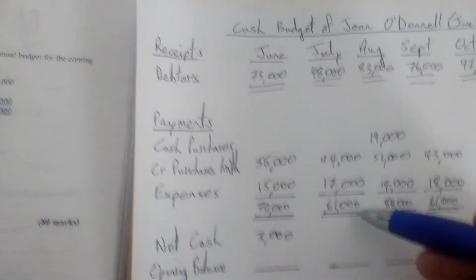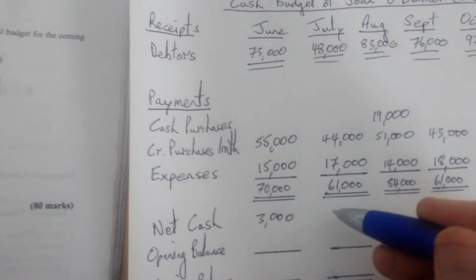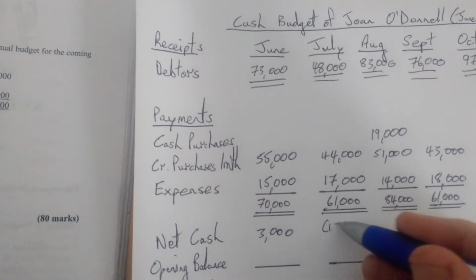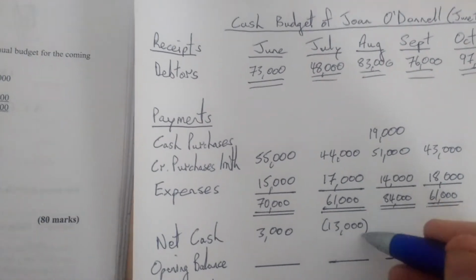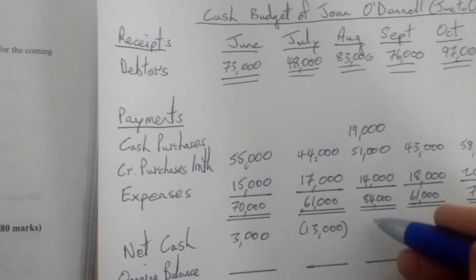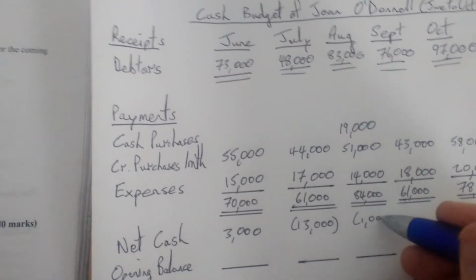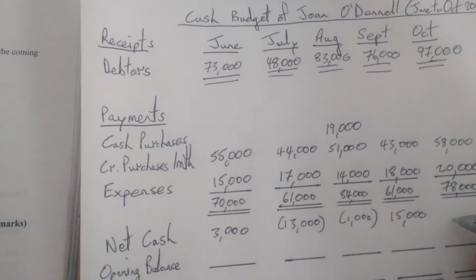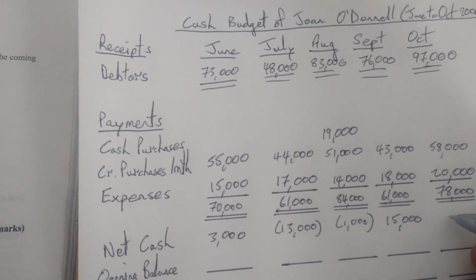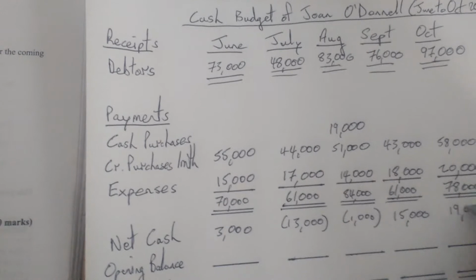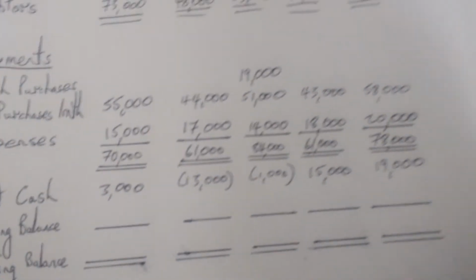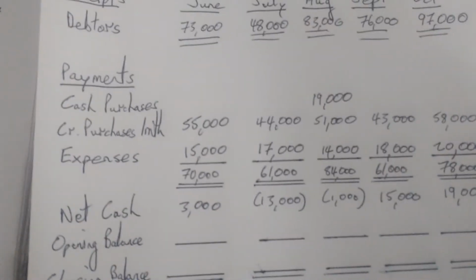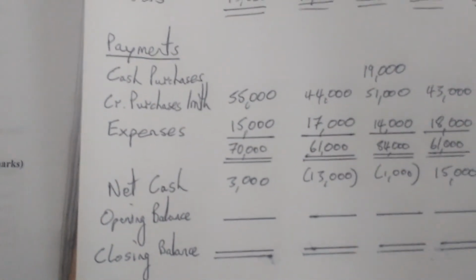Plus 48 and a minus 61 gives me, it's going to be a minus this time, minus 13,000. And I'm just going to fill in the rest of those quickly there. Minus 1,000, plus 15,000, and a plus 19,000. Okay, so that's the net cash, I suppose, at the end of each month.